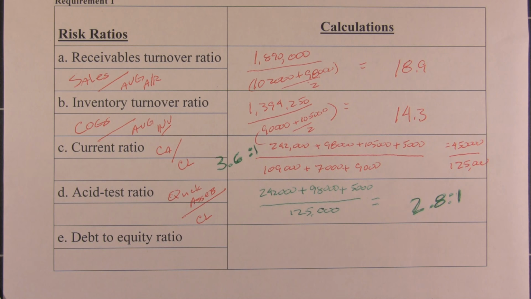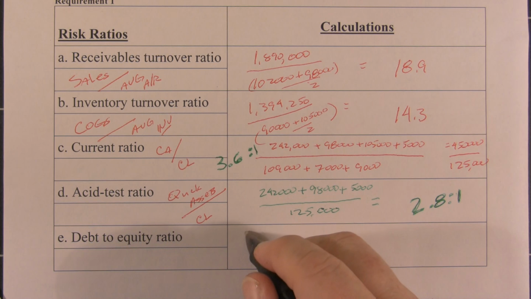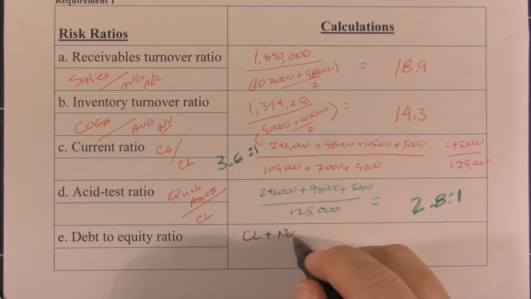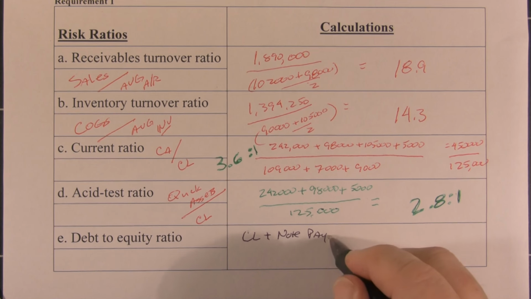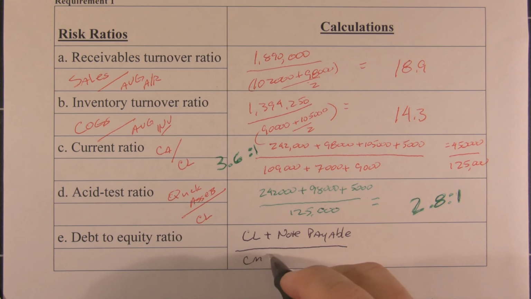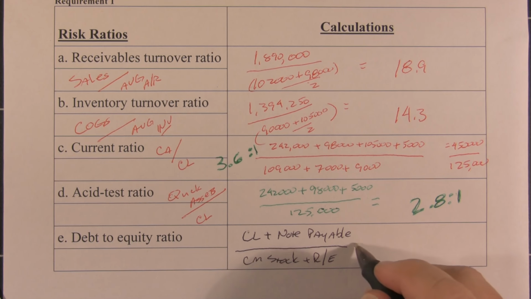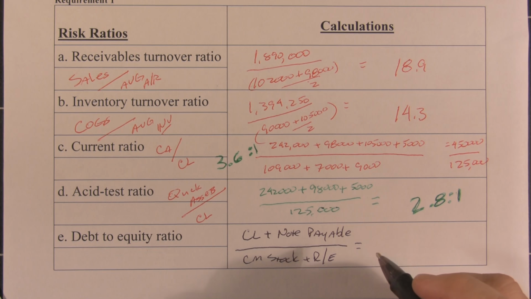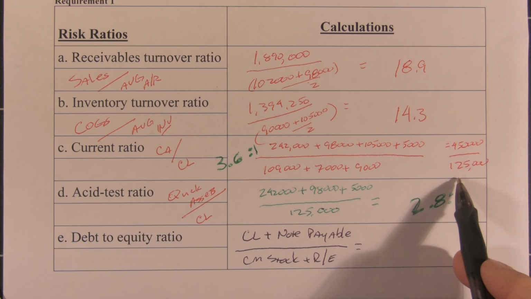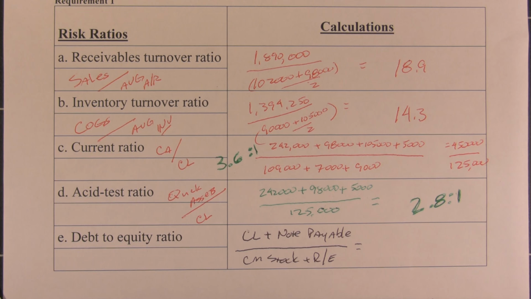And our last ratio is our debt to equity ratio. Our debt is our current liabilities, the 125, plus we have a note payable. That gets included because that's our total debt. And in this case, we only have common stock and retained earnings. So our total debt is 125, plus the note, and I think the note is 110, right?